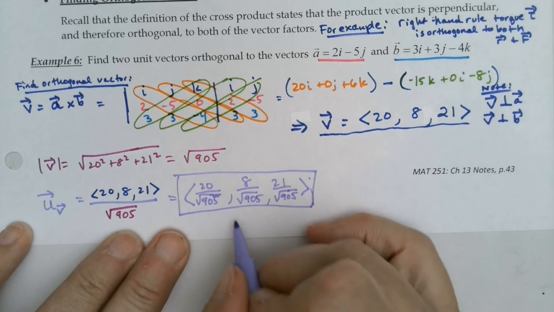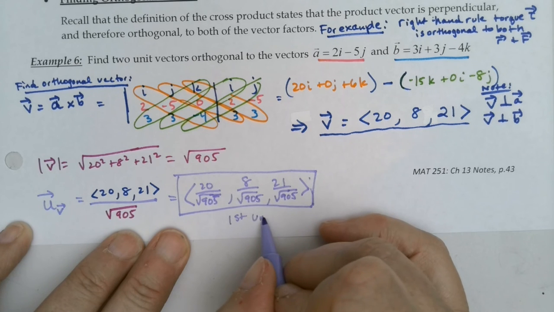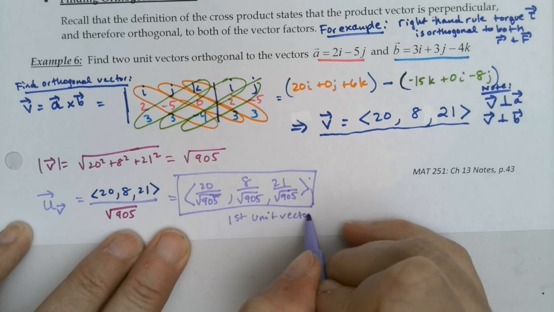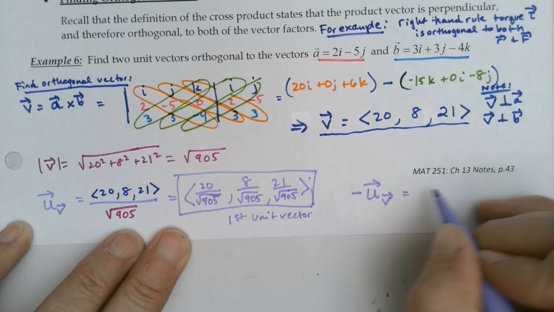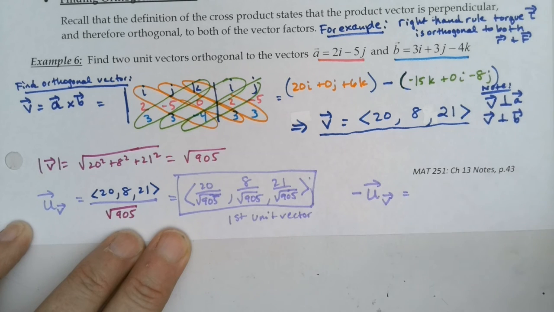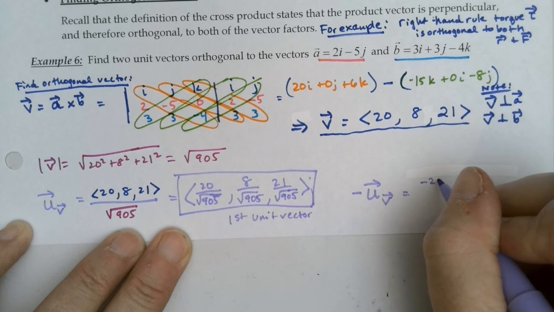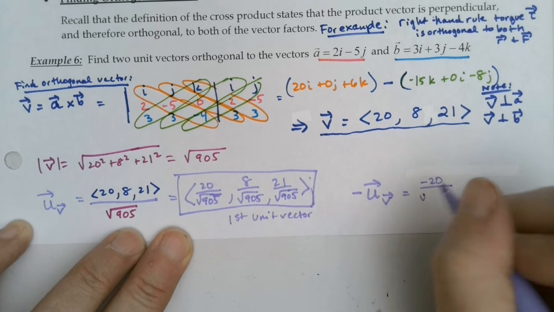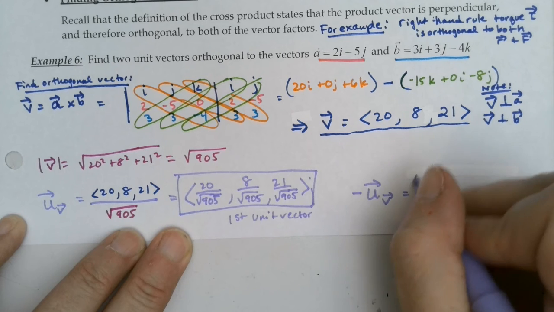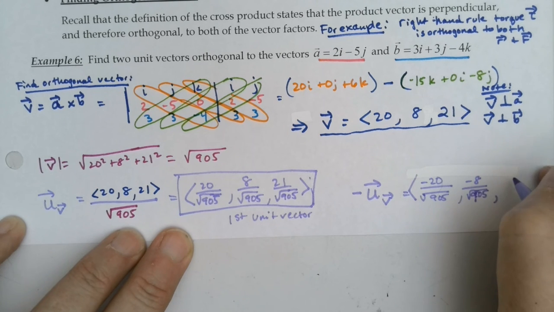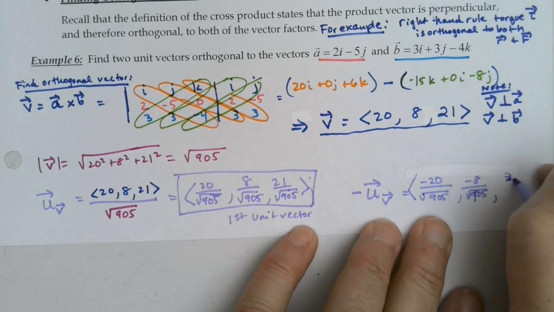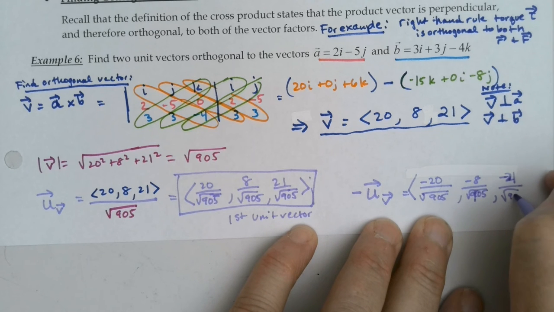But the second one, so this is the first unit vector, the second one will just go in the opposite direction. So the second one would be negative u_v, which would be, I've run out of space, so I'm going to hide my page number. So it'll be negative 20 over the square root of 905. Negative 8 over the square root of 905. And then negative 21 over the square root of 905.